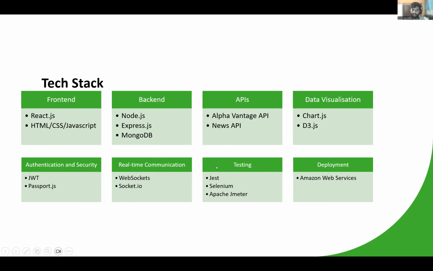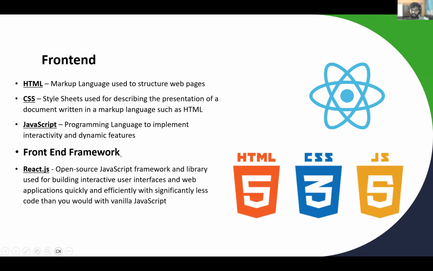Now let us get into the details of each of these technologies. On the front end, we'll be using HTML, CSS, and JavaScript. This is a given, because basically every web page is an HTML page. We use CSS to style the page and make it more user-friendly, and JavaScript to provide dynamic features and user interactivity.